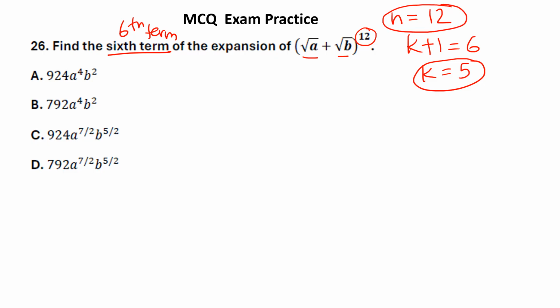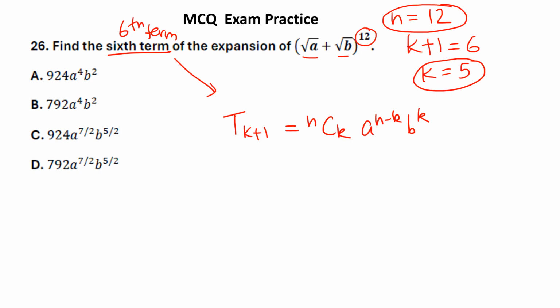Now I will apply the formula. First I write the general formula. For example, t is the term that you need to find, k plus 1 is its index, then the formula is nCk a to the power n minus k, b to the power k. Okay, now let's find. So we have to find which term.